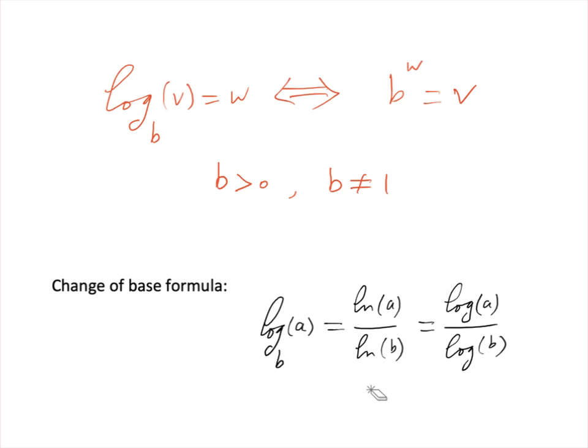The ones that are standard are natural log and common log, which your calculators have buttons for. And any base can be written as a ratio of these two logs. In theory, this is equal to any base log over the same base log of the same ratio.